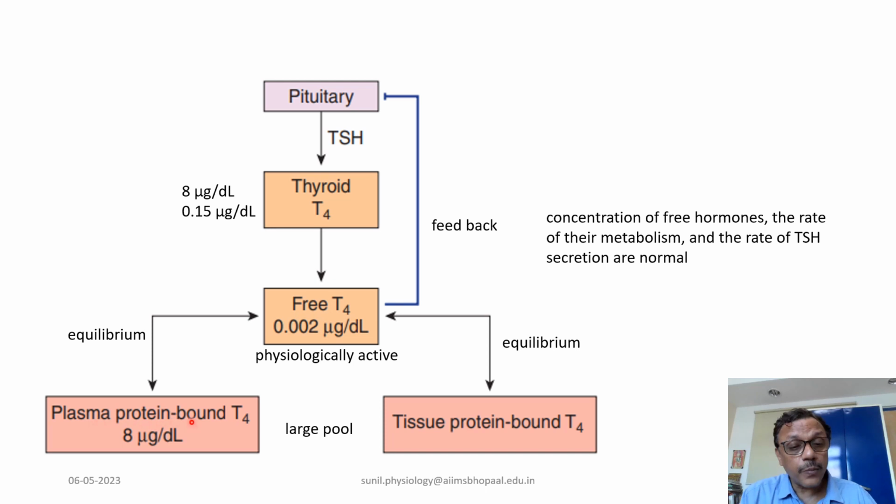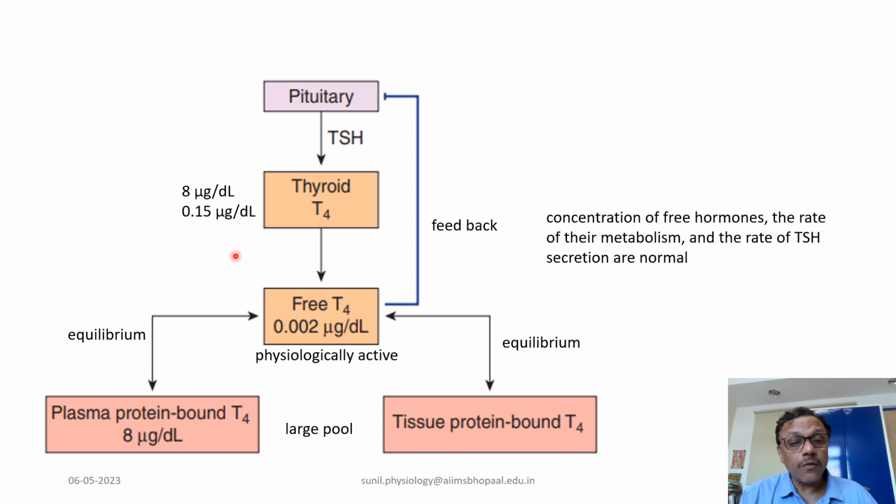When the plasma protein increases, the free T4 level falls. As a result, it stimulates the pituitary gland to release thyroid stimulating hormone, which stimulates the thyroid gland for the production of T3 and T4.